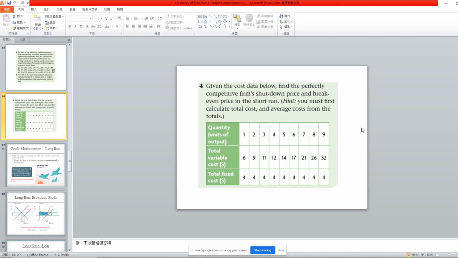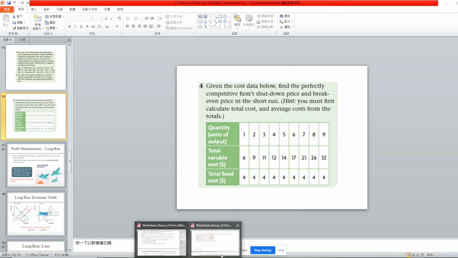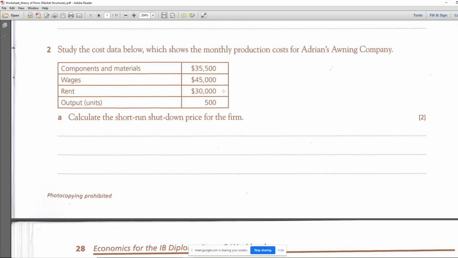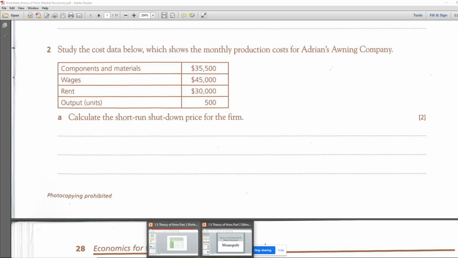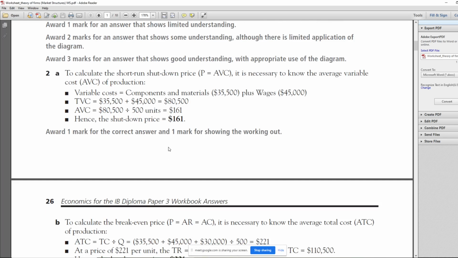That question is much clearer than the one in our worksheet. But anyway, this is how you get 161.